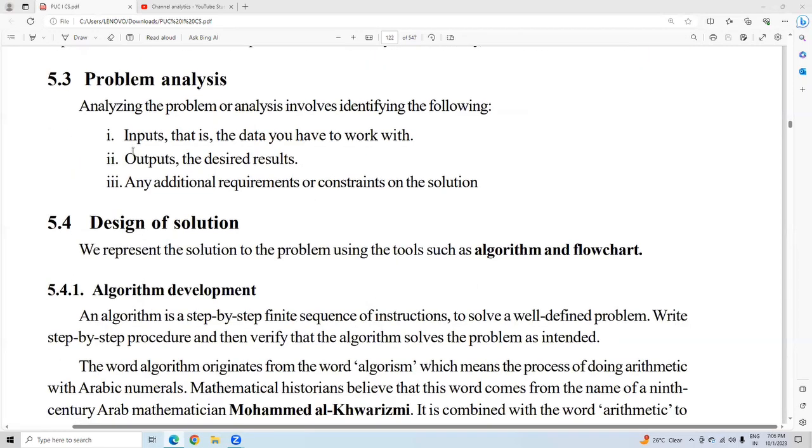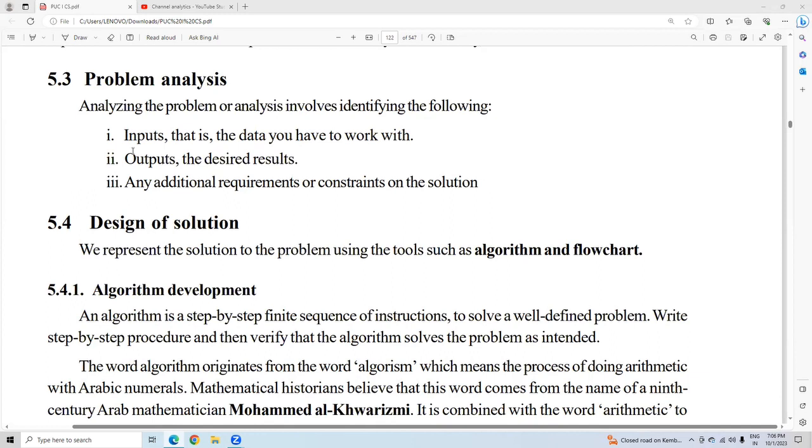So, problem analysis. Analyzing the problem involves identifying the following. First one is input, second one is output, and third one is any additional requirement. Input means the data you are going to work with in your program. Output means the desired result.